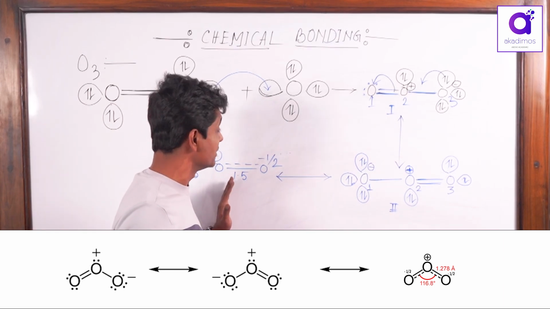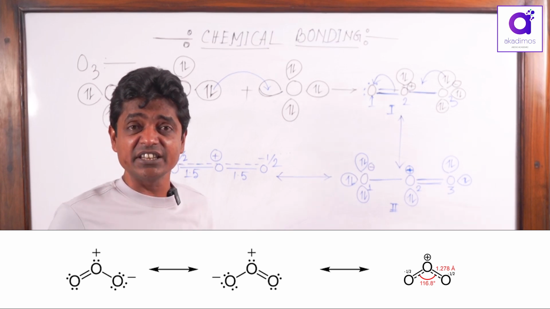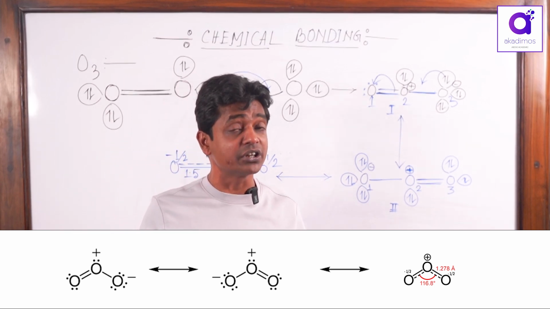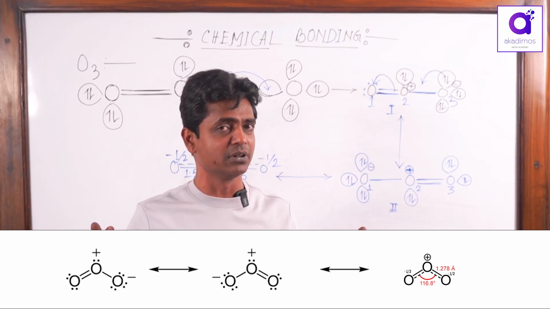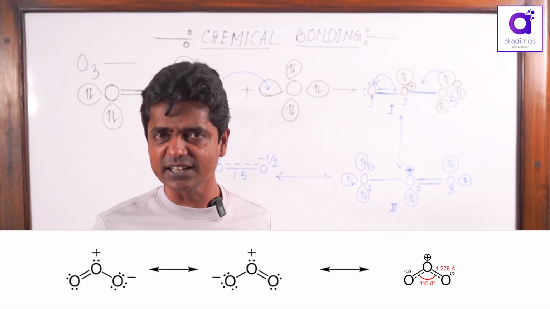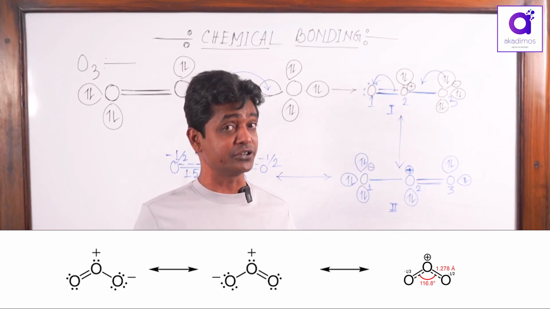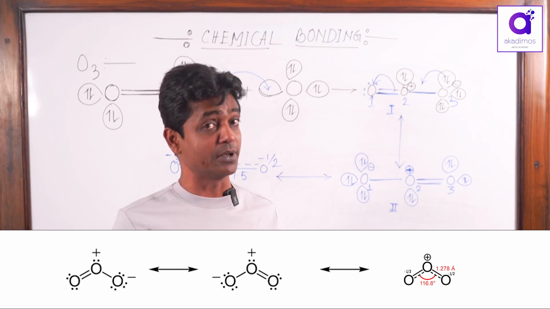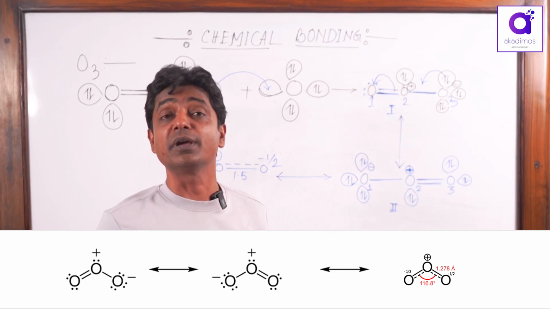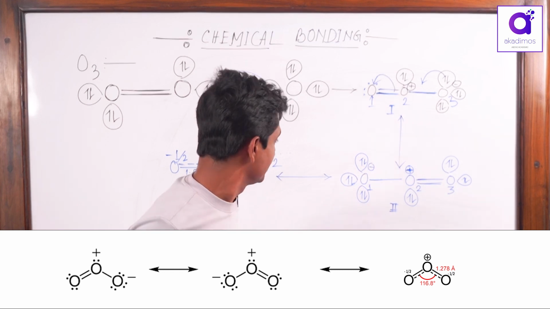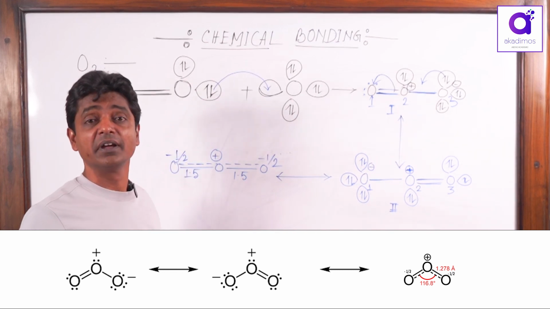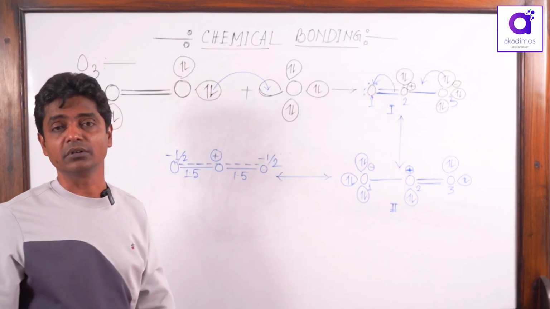Now see how I have drawn a complicated molecule O3 from a simple concept: the essential criterion to form a bond is an orbital. It may have one electron, it may have a lone pair of electrons, or it may be vacant.